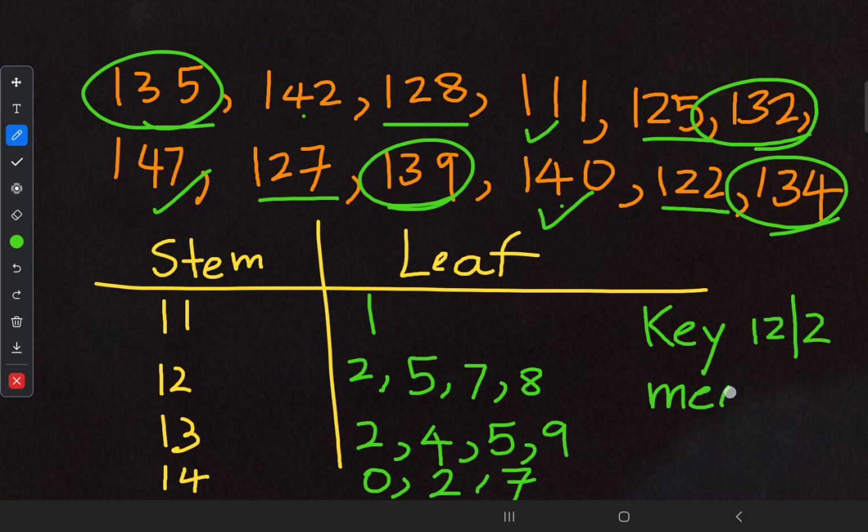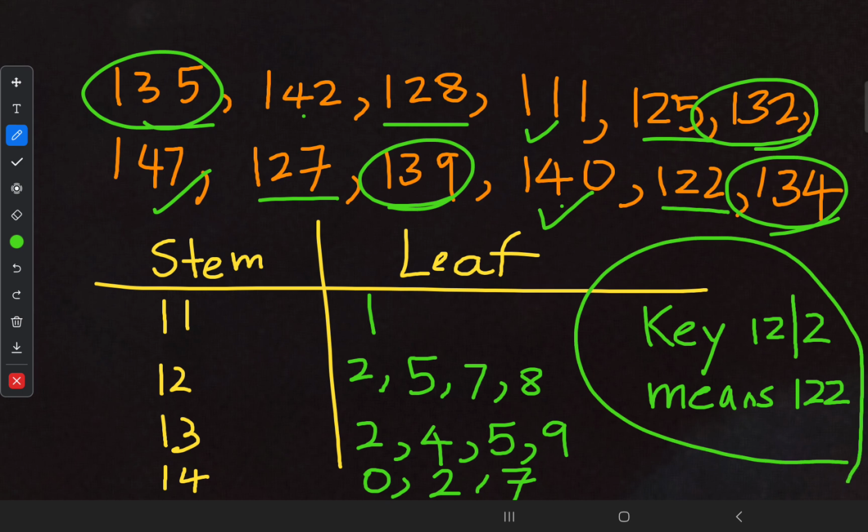Key means 122. Likewise, you should indicate how to read the given data set, how to read the stem and leaf graph. This is an important thing. After finishing the stem and leaf representation, you should indicate key 12/2. 12/2 means 122.